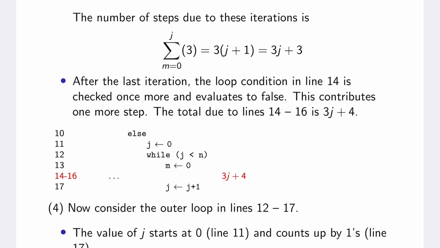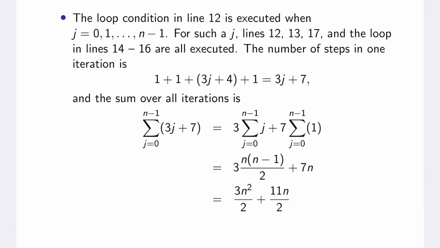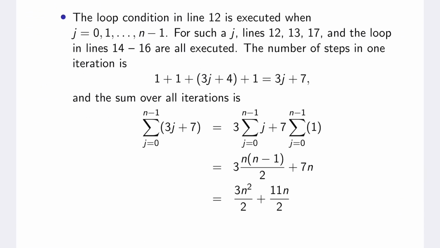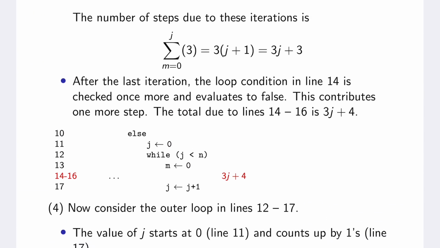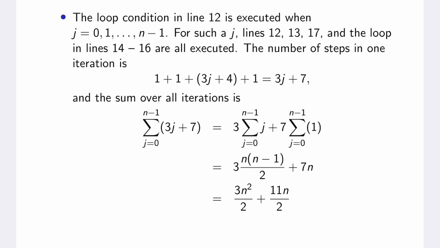Next, we're going to consider the outer loop. We see that j starts at 0, increments by 1, up to an exclusive bound. So its summation is going to be decently simple. We figure out the number of steps inside the loop by just adding up those constant time operations, those steps, with the variable number of steps inside of the inner loop.